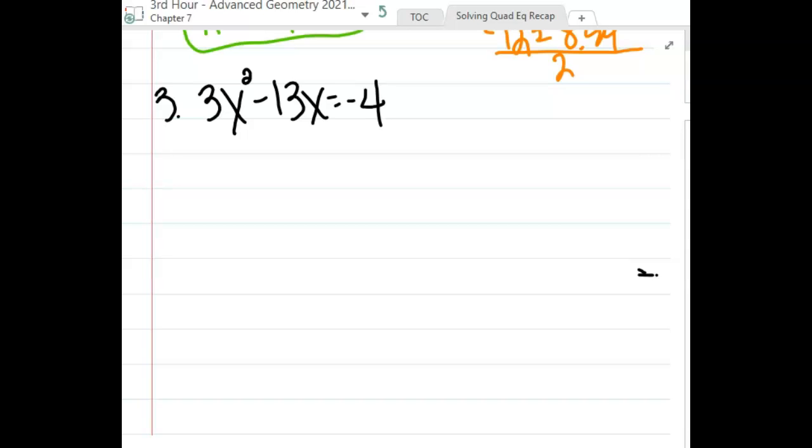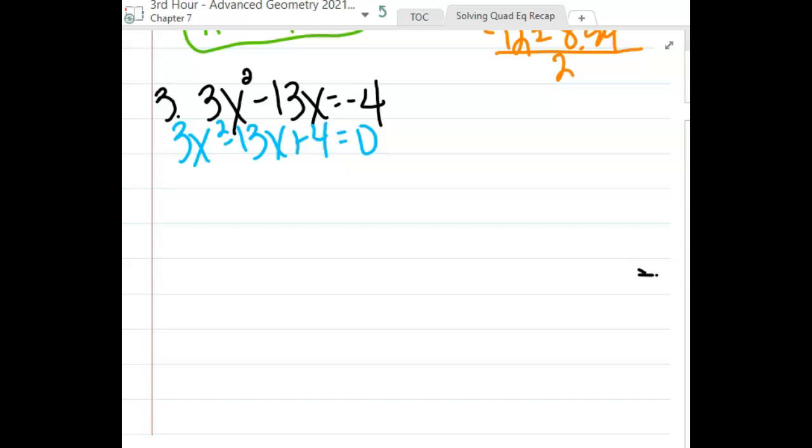Now, regardless whether you're going to try to factor it or you're going to try to do the quadratic formula, it has to be set equal to 0. For both of these, it has to be set equal to 0 first. So if I add 4, we get 3x squared minus 13x plus 4.